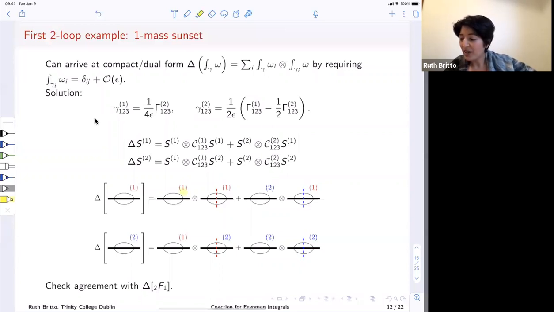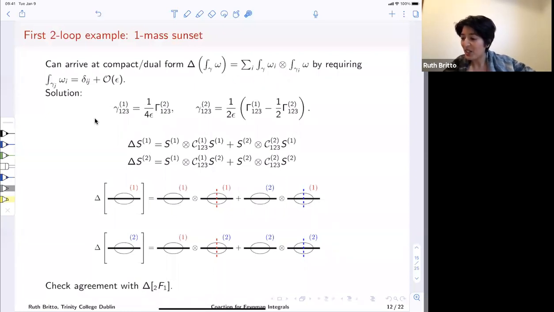And now the dashed lines for cuts are color coded so that the red dashed line is dual to the red one and the blue dashed line is dual to 2. That's what that means.